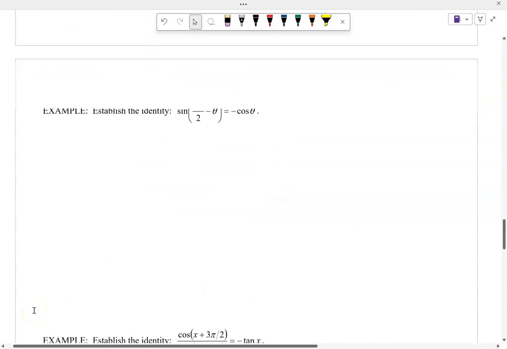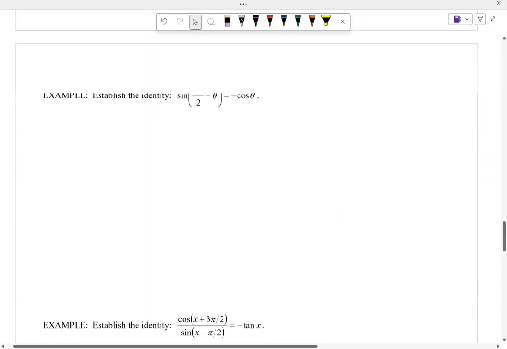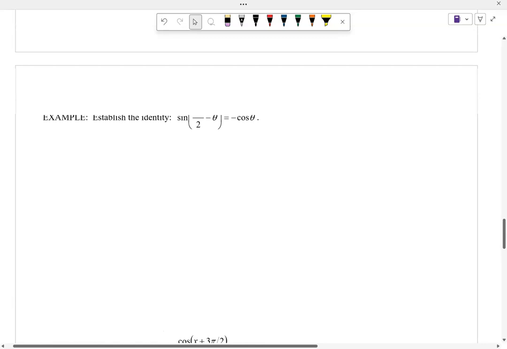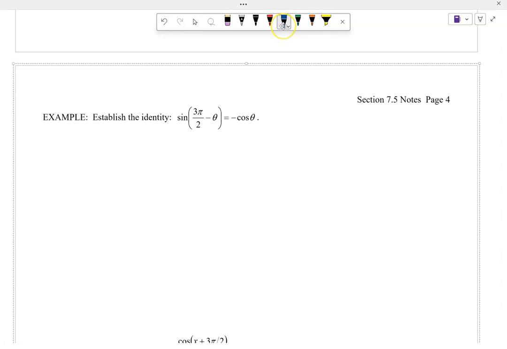All right, how about establishing some identities now? Sine of 3 pi halves minus theta is equal to negative cosine of theta. So what we're going to do is work with this left-hand side and show that it's equal to negative cosine.